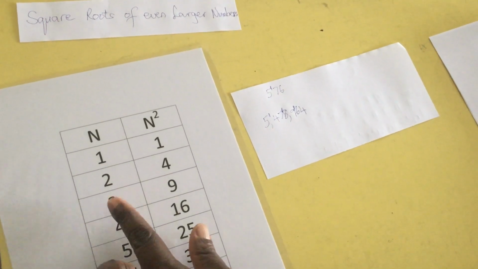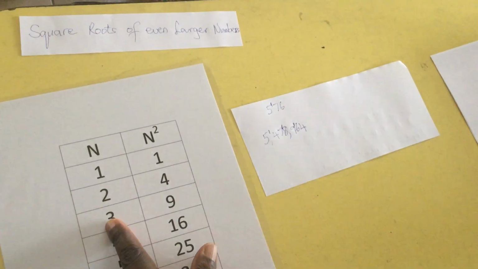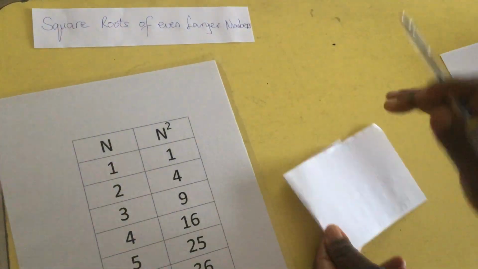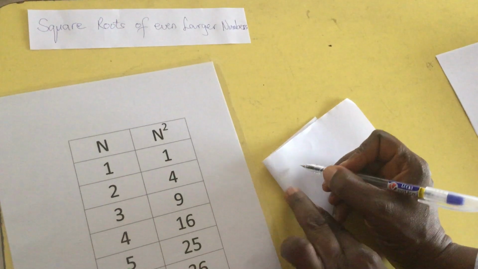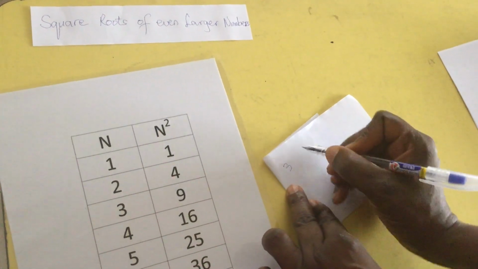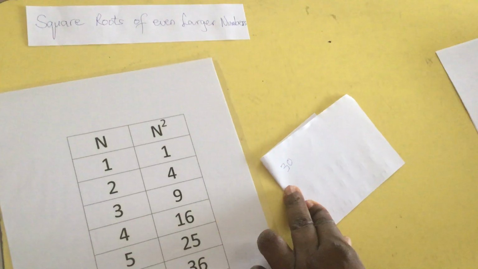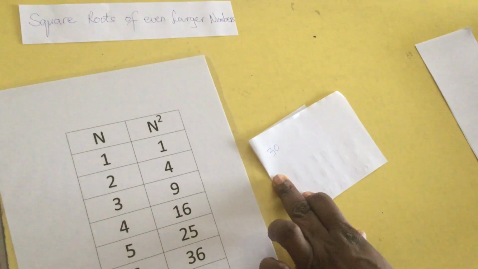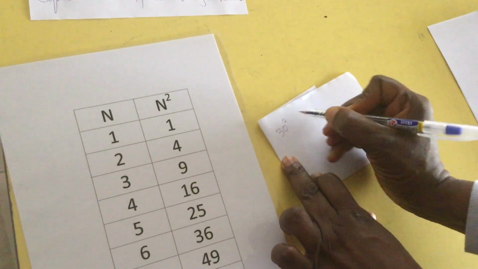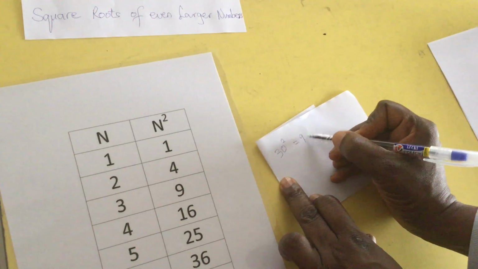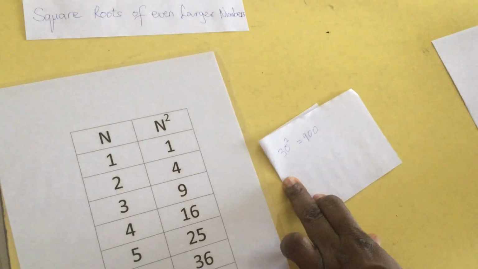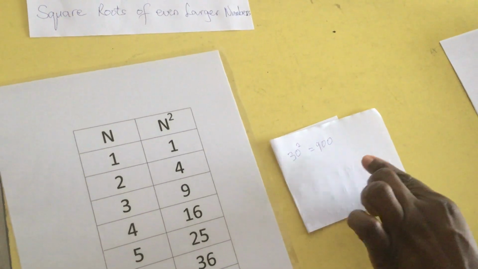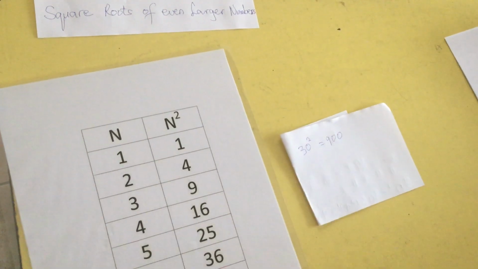If, for instance, instead of 3 as we have here, we have 30, the square of this will be 900. So you see, we've added two extra categories. That's two zeros.